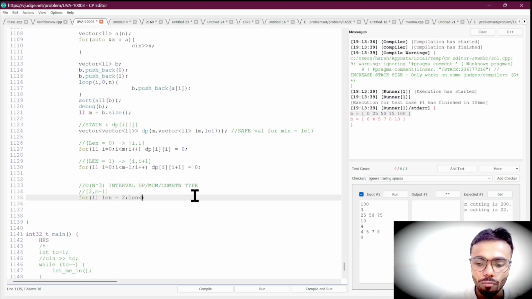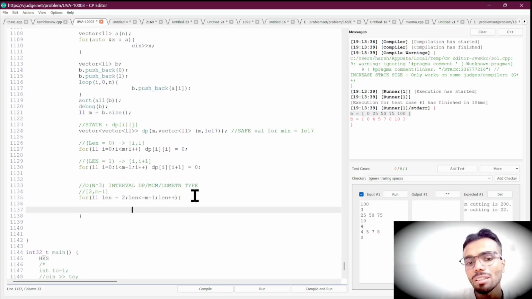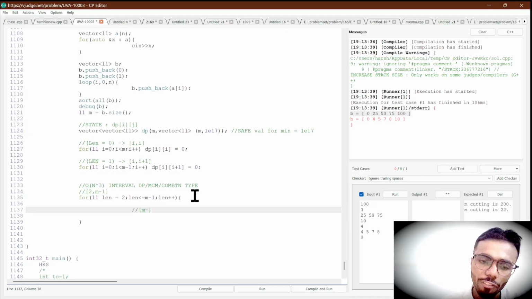Now, to calculate the state dp[i], we iterate over all possible starting indices. Look at this, guys. If I have a length m minus 1, what could be the starting indices? It could be 0.